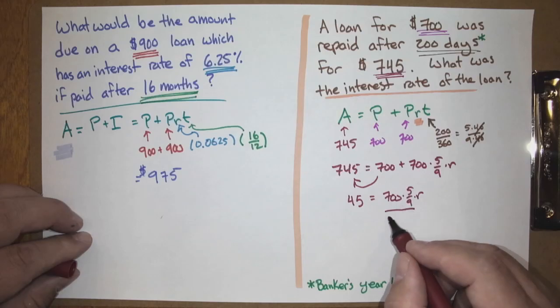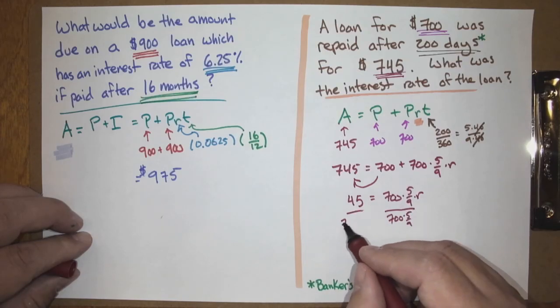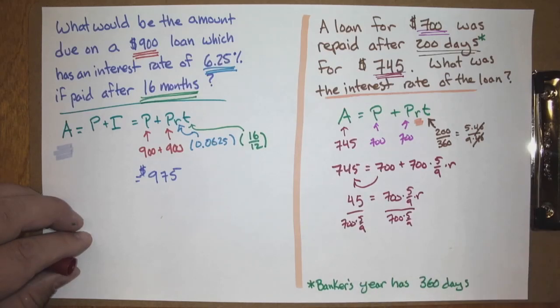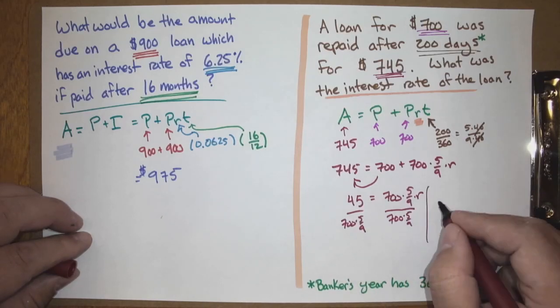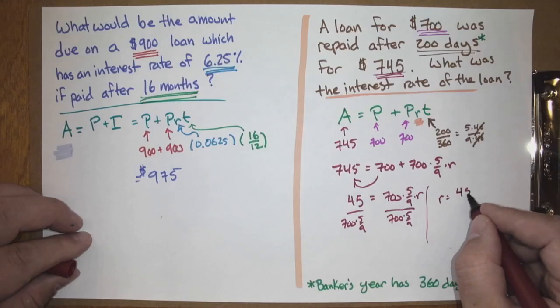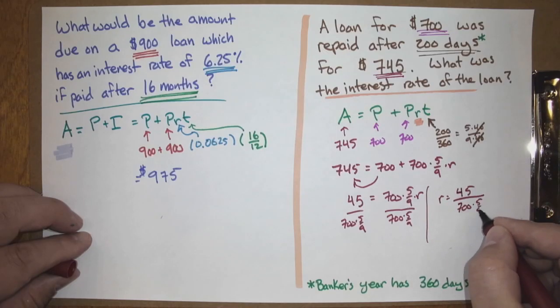Yeah, we can divide by what's in front. So subtract, then divide. Okay, so that gets us to R is equal to 45 over 700 times 5 over 9.